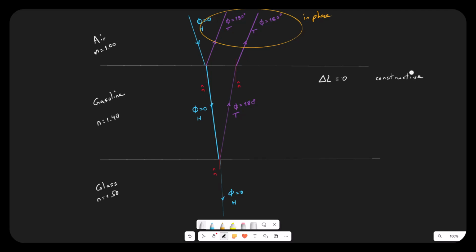But a path length difference of 0 means I have a film thickness of 0, and while that does qualify as thin, it doesn't count as a film. If I get just a wavelength, that works out fine. Just 2 wavelengths, that works out fine. So if I can get a whole number of wavelengths, I'm going to get constructive interference. My path length difference is still double the thickness, and this is still the wavelength in the film.